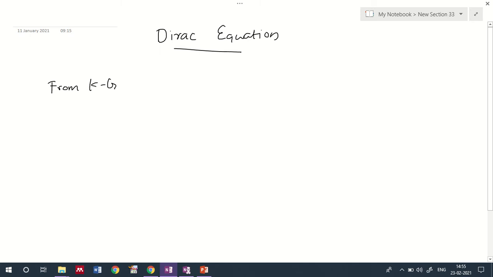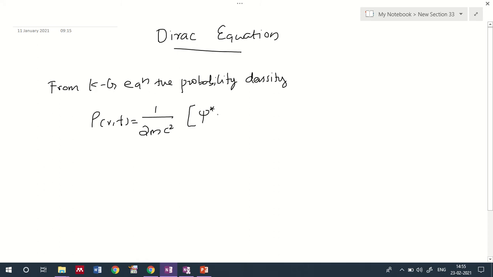In the Klein-Gordon equation, the probability density we got is rho(r,t) equal to 1 by 2mc square, psi star into i h cross dou psi by dou t plus psi into minus i h cross dou psi star by dou t.